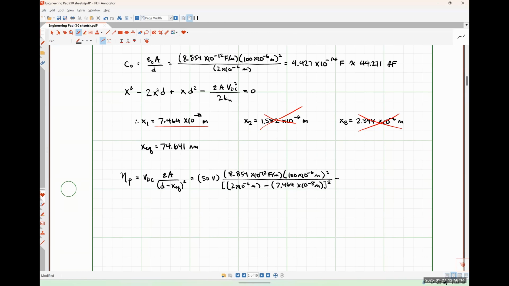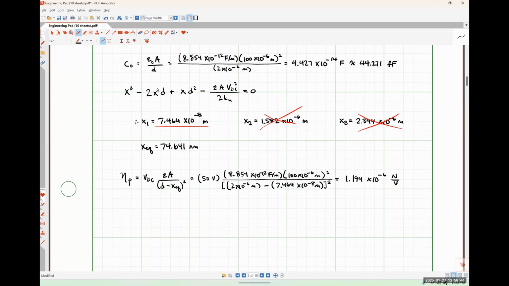Square that on the bottom, and I got 1.194 times 10 to the minus 6 newtons per volt, or 1.2 micronewtons per volt. So essentially, we are going to get 1.2 micronewtons of force for every 1 volt of magnitude of our applied AC voltage that's on top of that DC operating point.